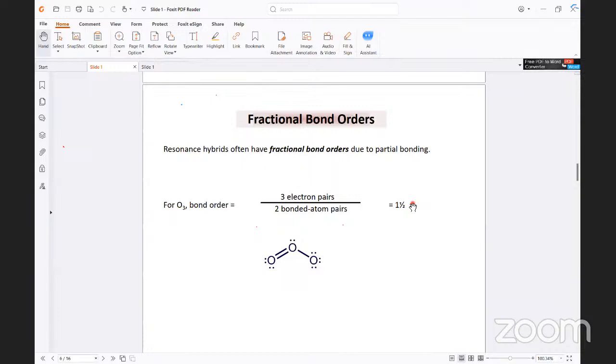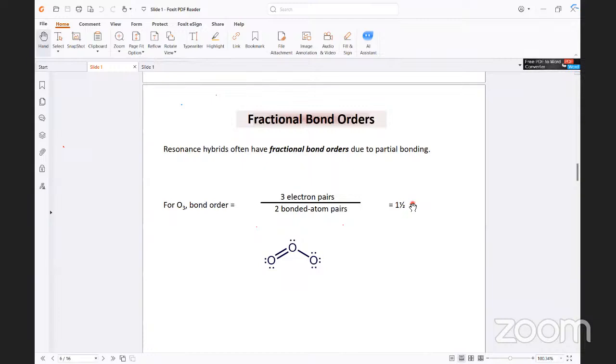So in an exam, if you are asked which of the following has a higher bond length, you may need to know their bond order. So if ozone is there and oxygen is there, oxygen will have a double bond, which is bond order 2, but ozone will have bond order 1.5.